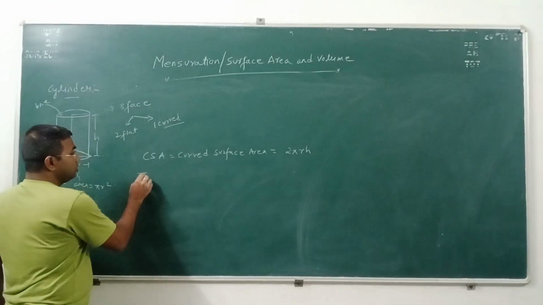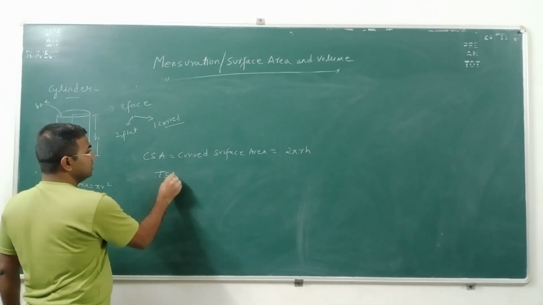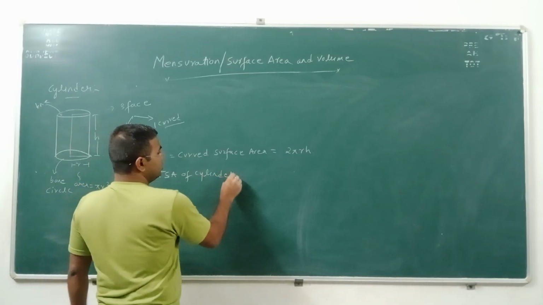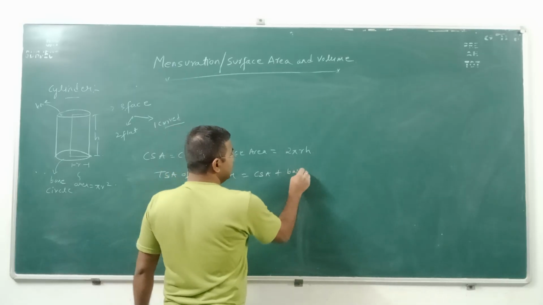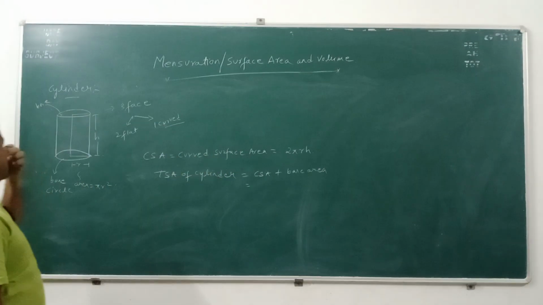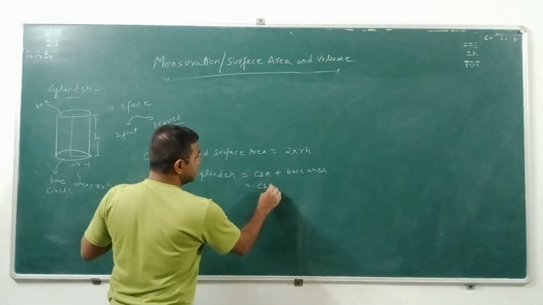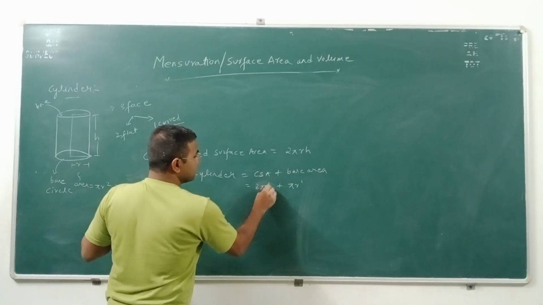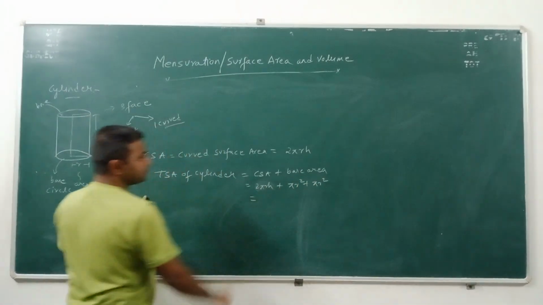Now the total surface area. TSA of cylinder is equal to CSA plus base areas. You can see two bases are there, then the CSA: 2 pi rh plus two times pi r square.